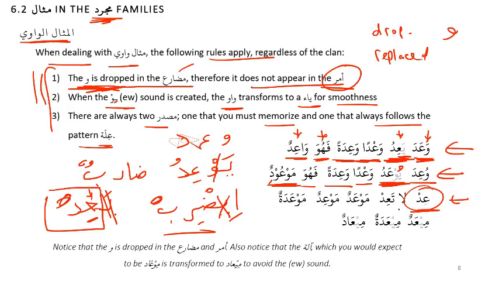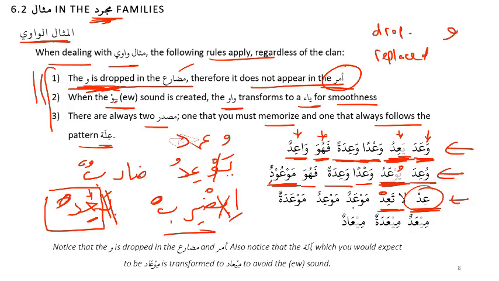So id is the command, and then the negative command is la ta'id. So la, and then the fi'l mudare second person ta'id, and this is majzoom. So this is the positive command, and this is the negative command.